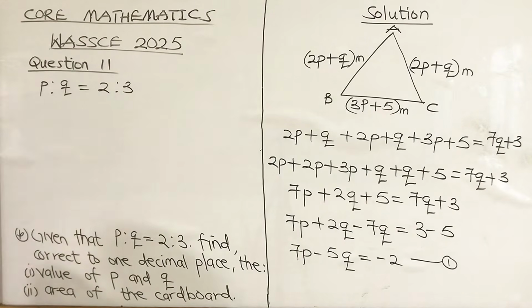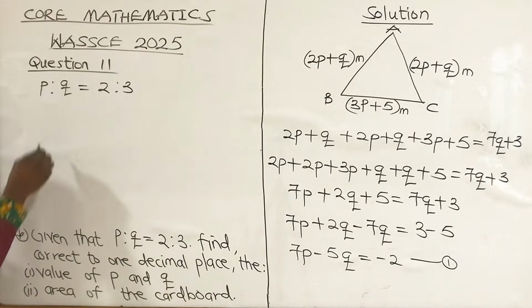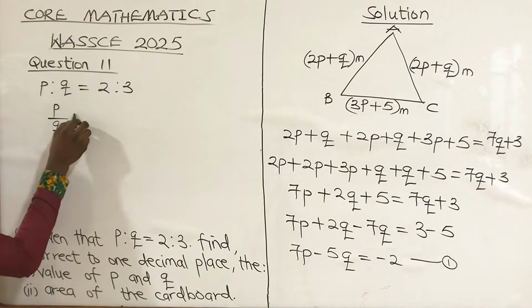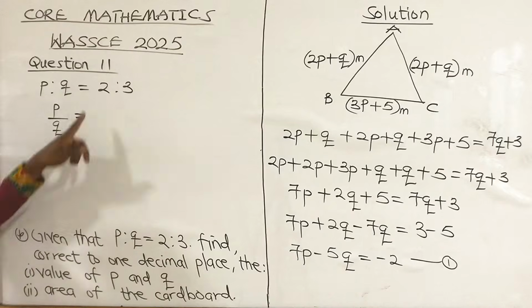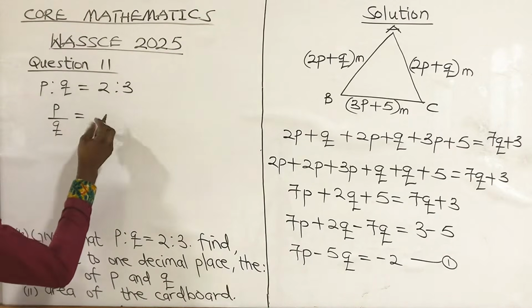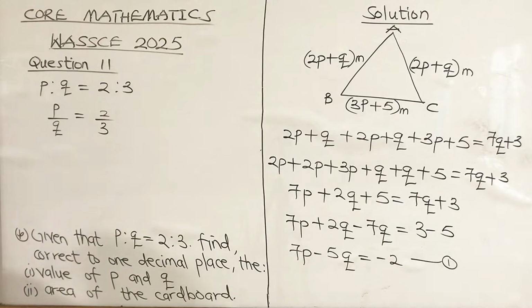Ratio basically means fraction, so p is to q is the same as p over q, which is equal to 2 over 3. From here, we cross multiply.